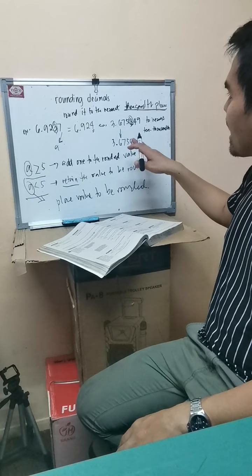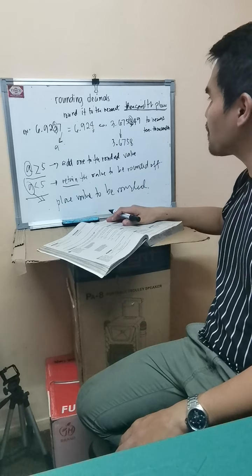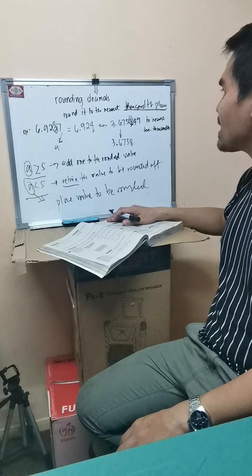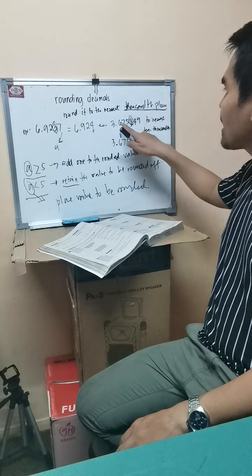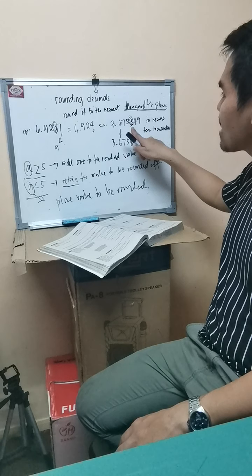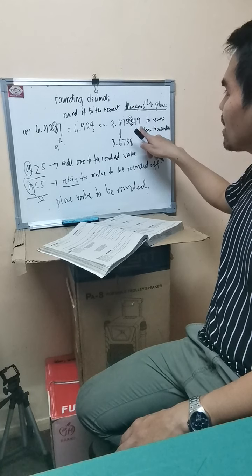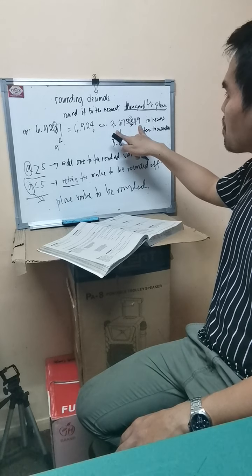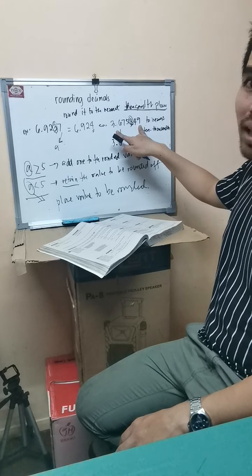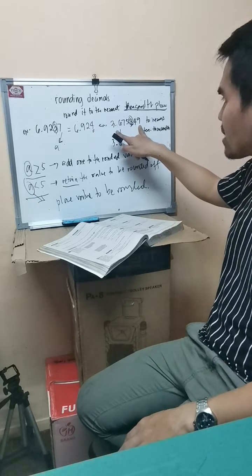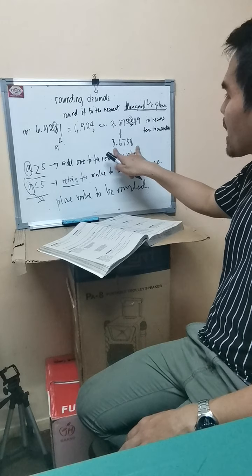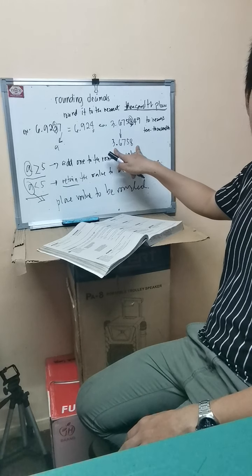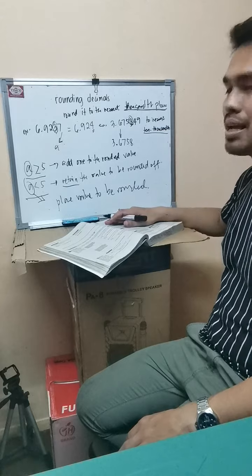So thus, the decimal notation of 3.675849 is equivalent to 3 and 6,758 10,000ths, as we're asked to round it to the nearest 10,000ths.